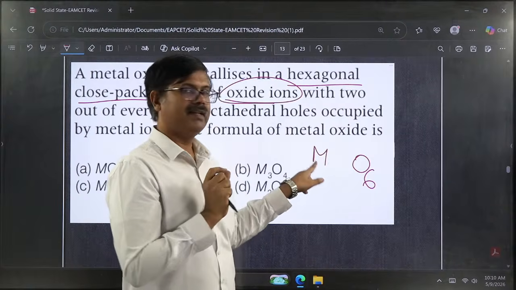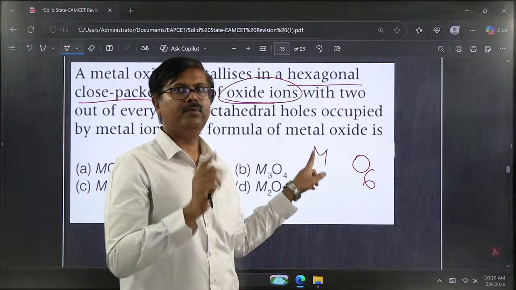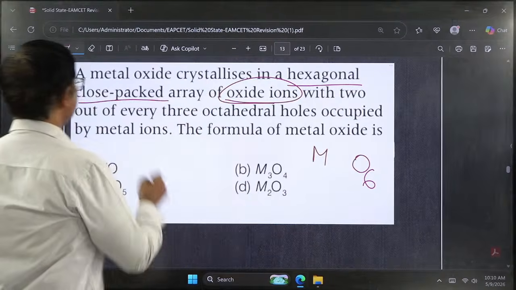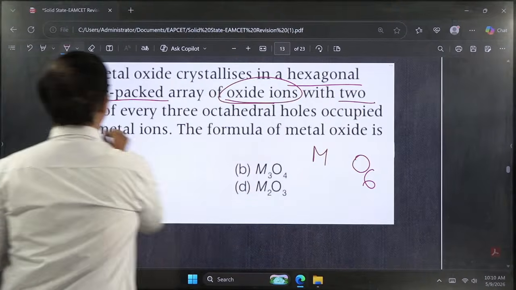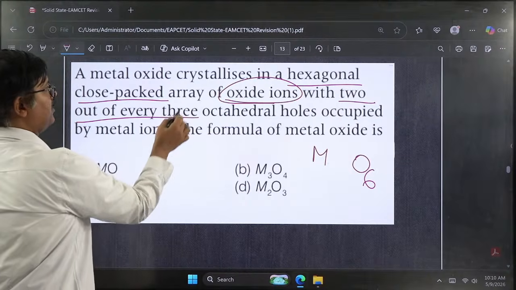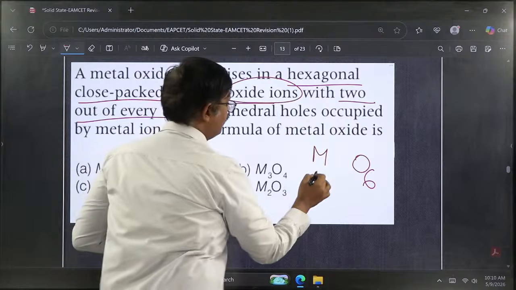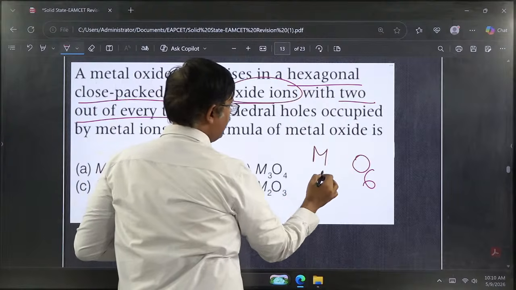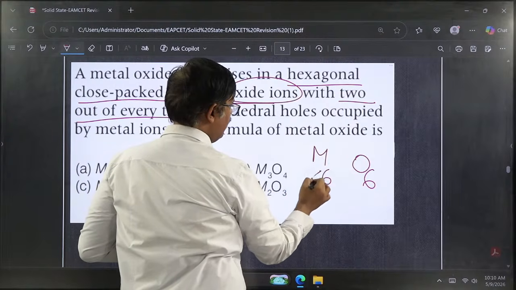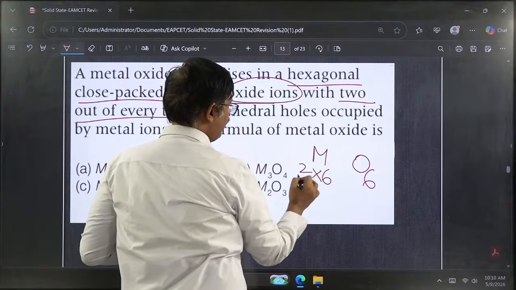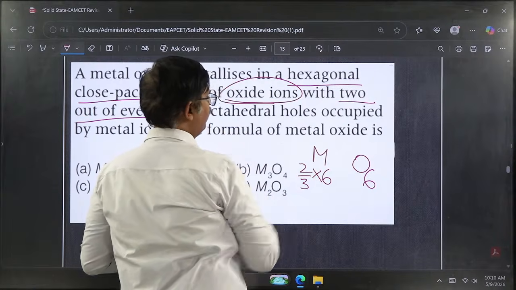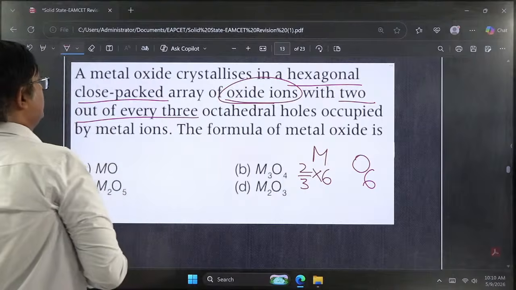Are all 6 occupied by M? No. 2 out of every 3, means 2 by 3 of the octahedral voids are occupied. So total OVs are 6, but not all are occupied. Only 2 out of 3 are occupied.